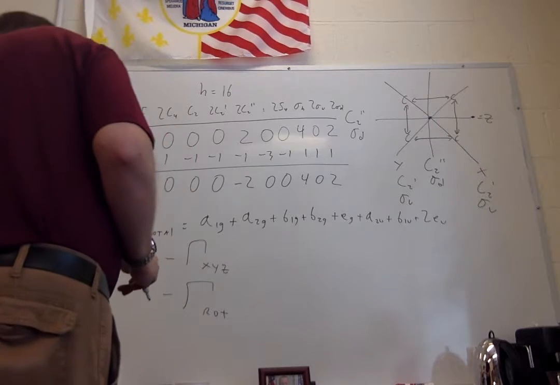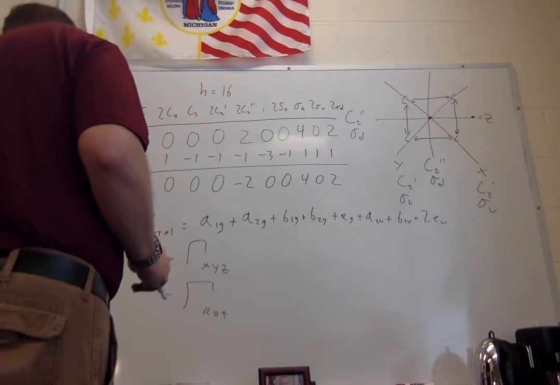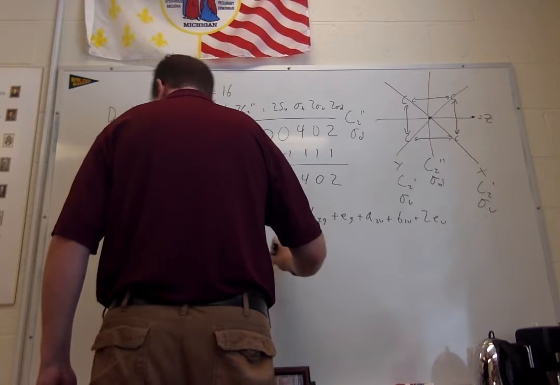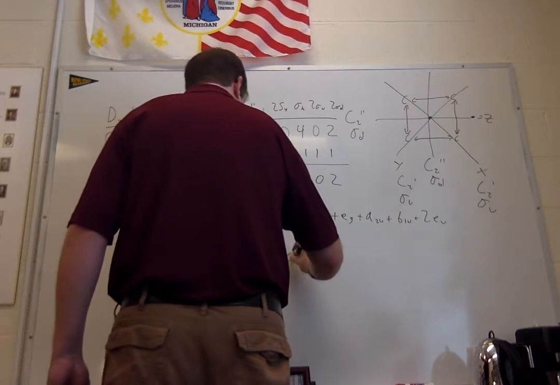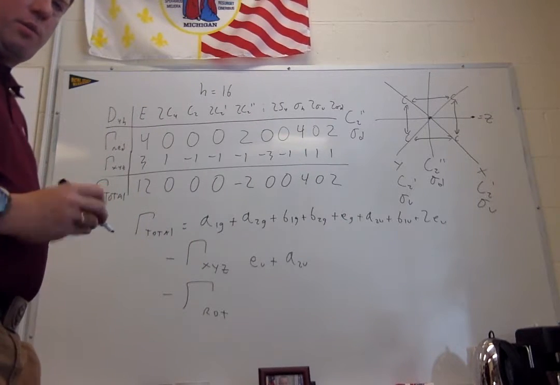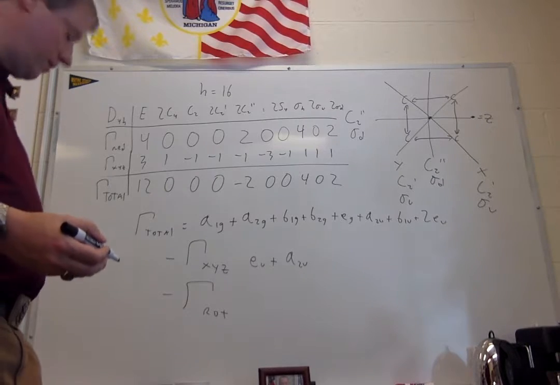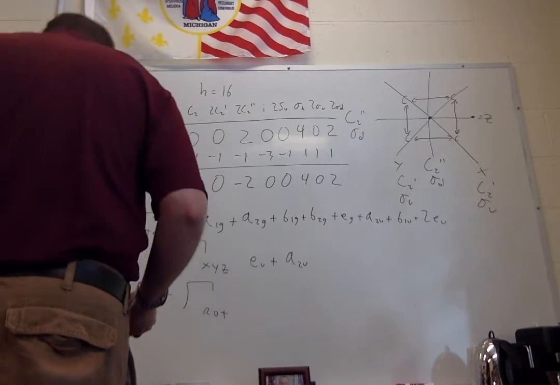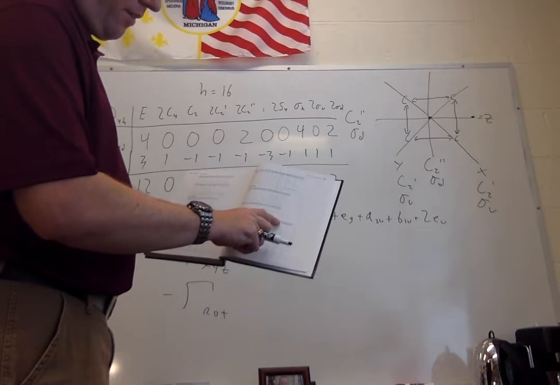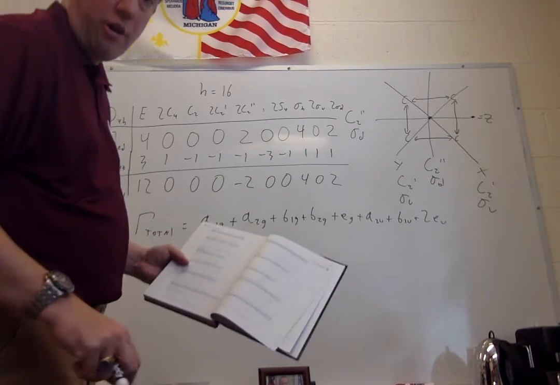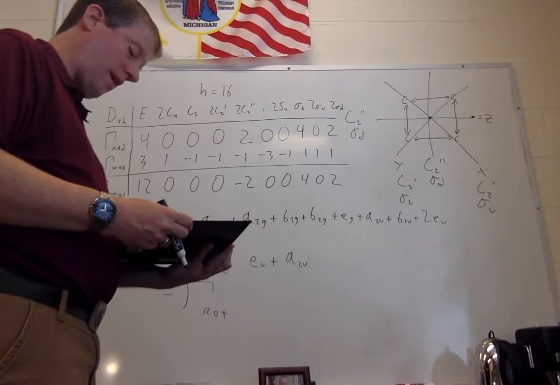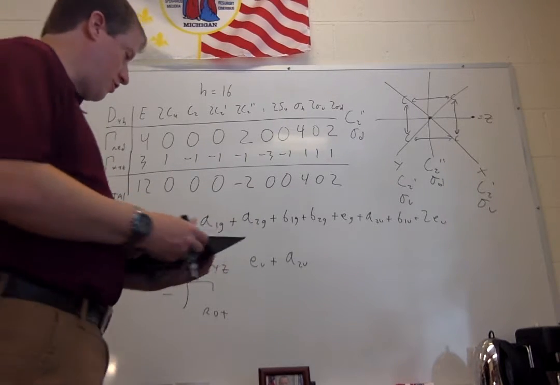Now we remember what XYZ was, and that's EU and A2U. What is the rotational component? The rotational one is where you can see in the book, in set 1, you have those R's. So there is a degenerate pair of Rx and Ry for EG.